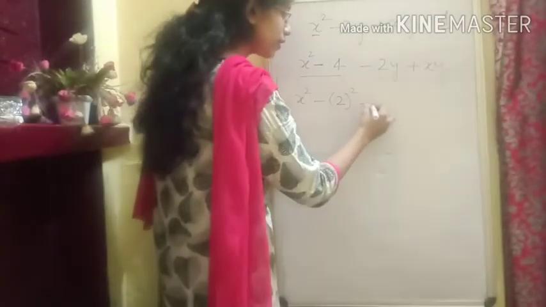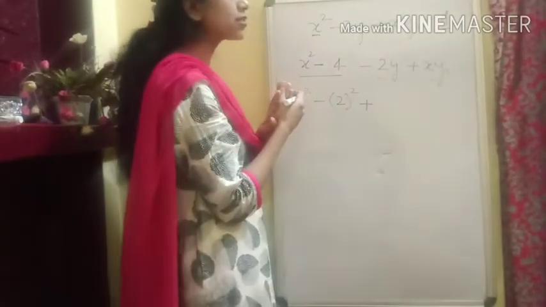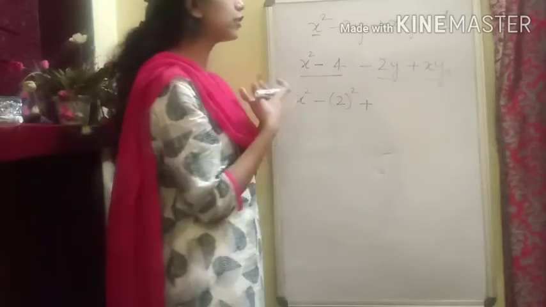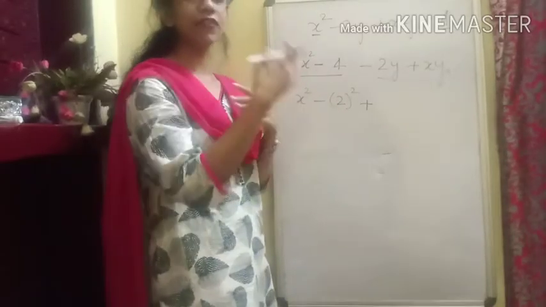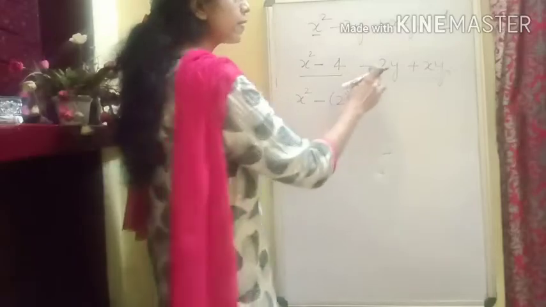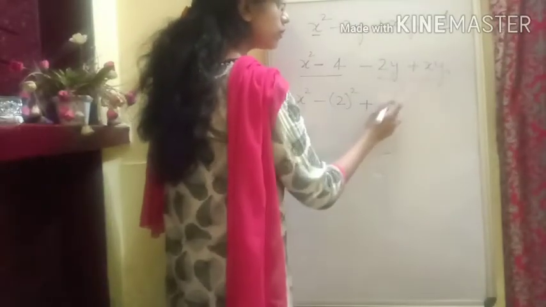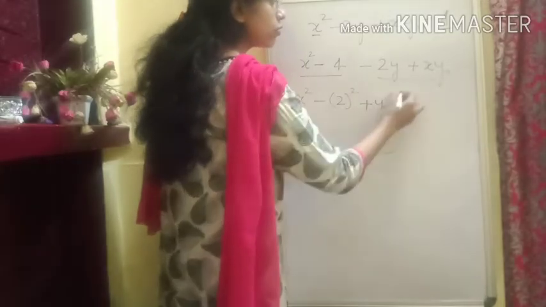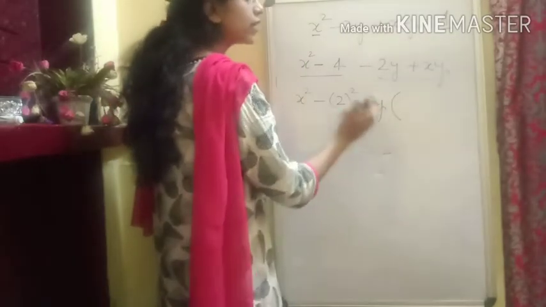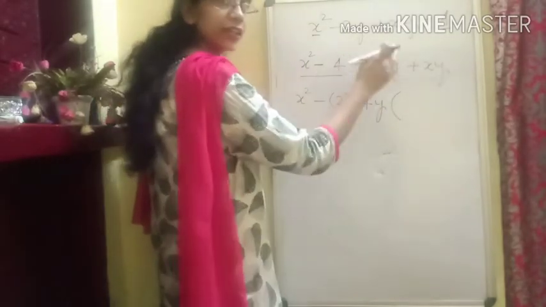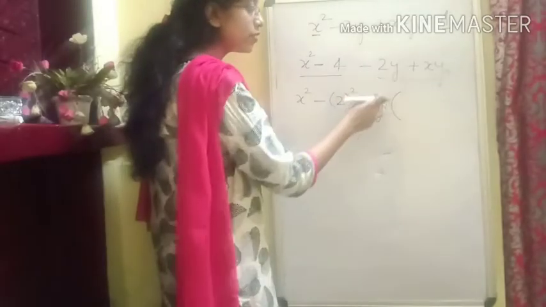I'll tell you why we are taking plus common, or else no worry. Even if you are not getting it, we can take the signs common afterwards. Okay. So plus common, and since y we are having in both the terms, let's take y common.